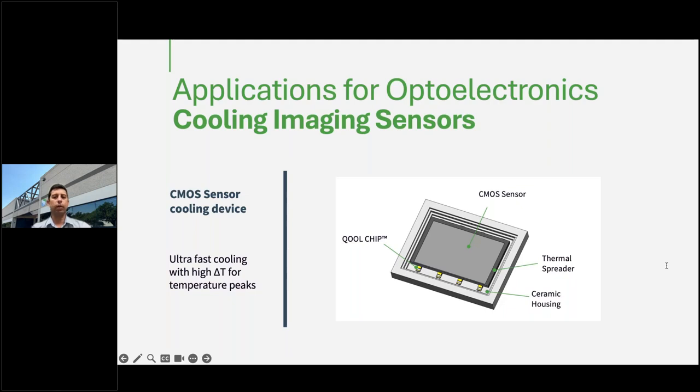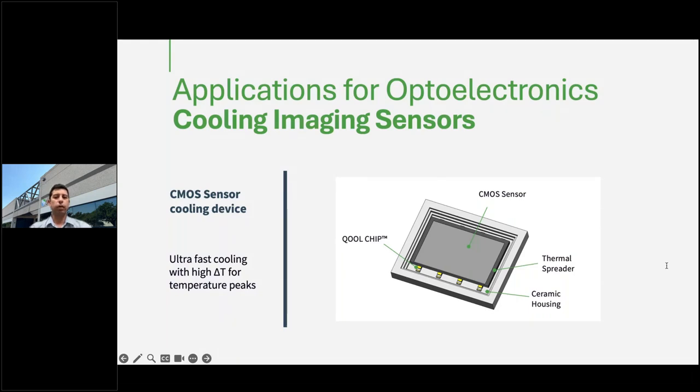Light and heat both create signals in sensors, but sensors cannot distinguish the difference between thermal electrons and photoelectrons. That makes the thermal signal contribute as dark noise, degrading the quality of the image. This is especially critical in long exposure, for example, under low light conditions.